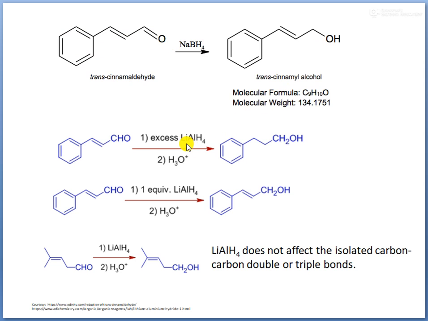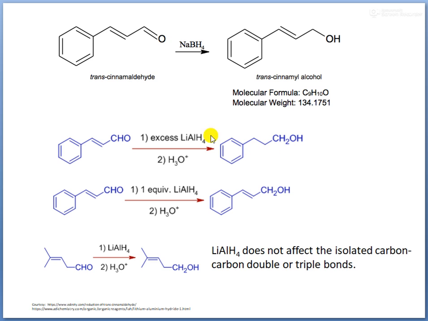Whereas lithium aluminium hydride is a much stronger reducing agent than sodium borohydride. Therefore, it will reduce both the carbonyl part and the C=C. So here you get an alcohol without any unsaturation.